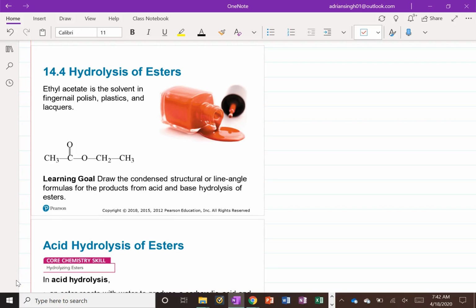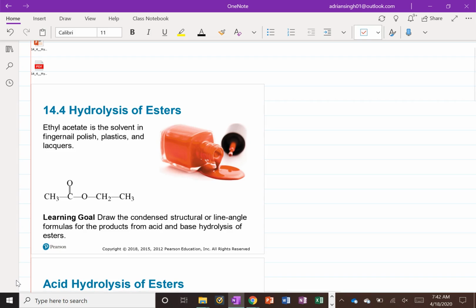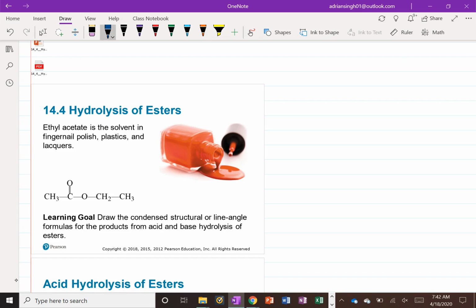Okay, so in this section, we're going to take a look at one of the main reactions that esters themselves can undergo, and that is known as the hydrolysis of esters. Whenever you see the term hydrolysis, you're going to see it a lot here in organic chemistry, but you're also going to see it in biology.